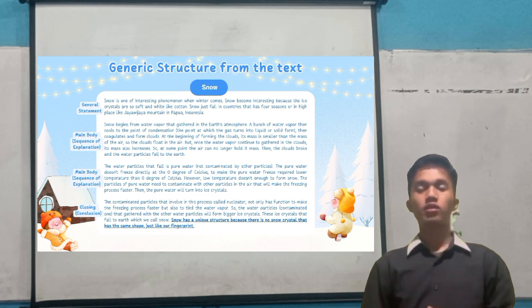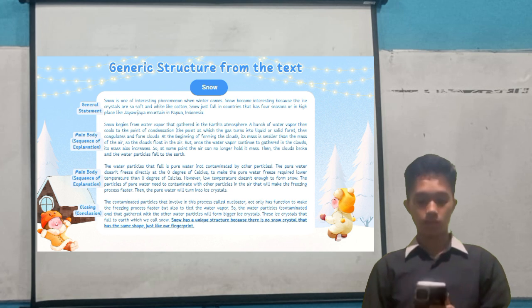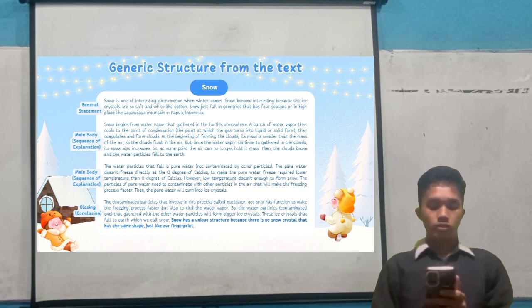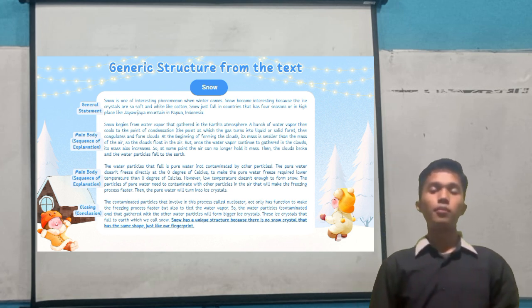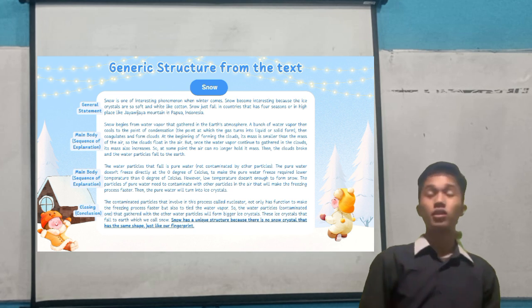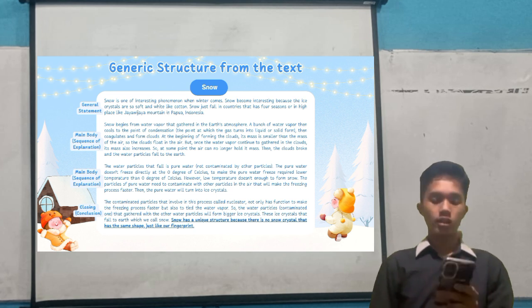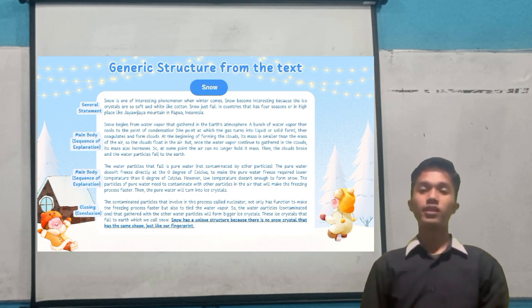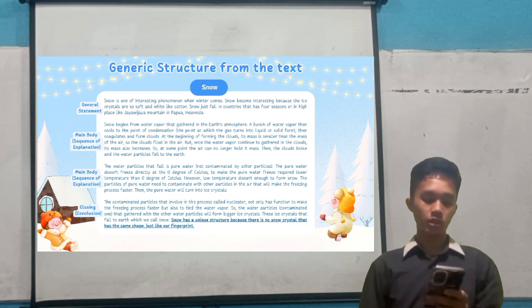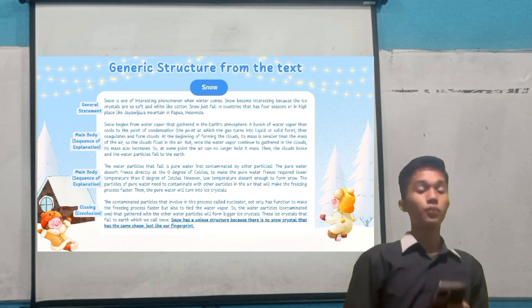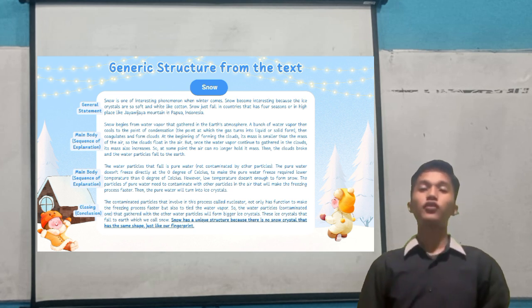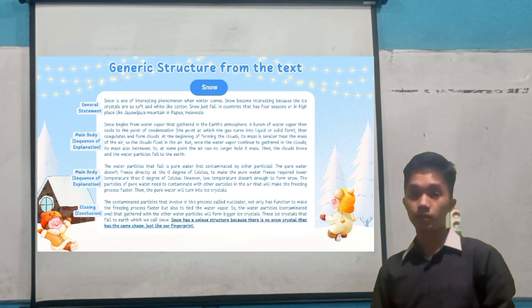The general statement is located in the first paragraph. 3. The main body or the sequence of the explanation text. The sequence of the explanation text is from paragraph 2 until paragraph 4, from the second paragraph to the fourth paragraph.